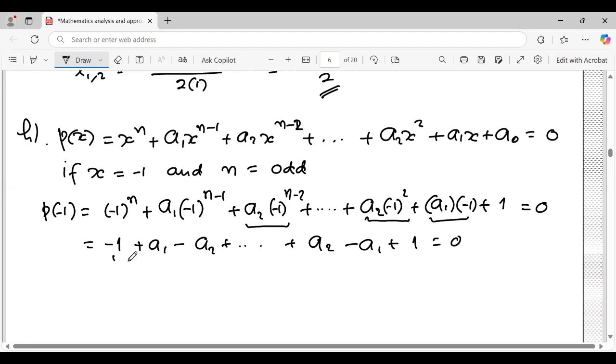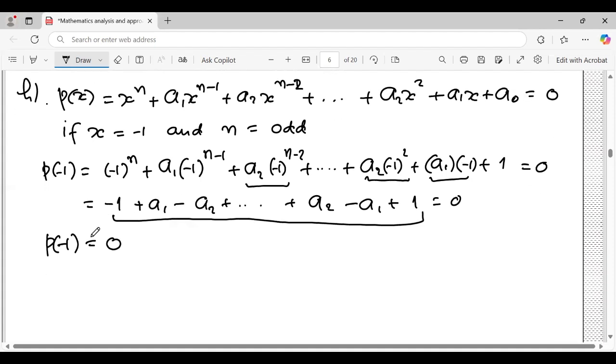So if you calculate all of this, the result equals 0. So we can say that p(minus 1) equals 0. If p(minus 1) equals 0, it means minus 1 is always a root of p(x).